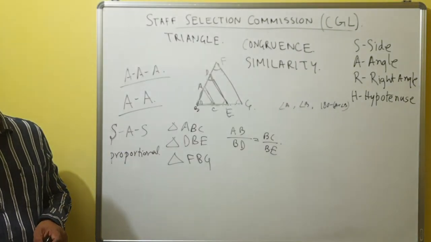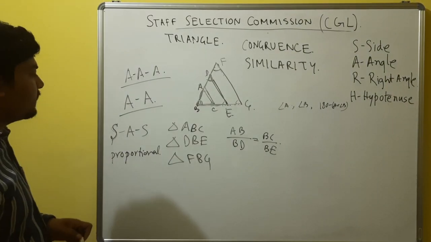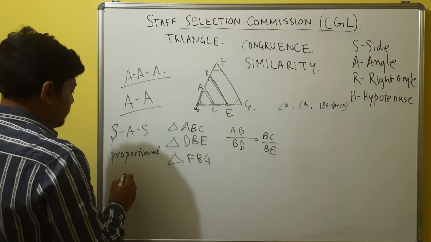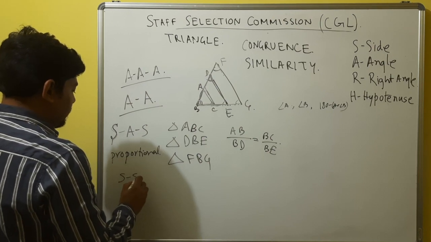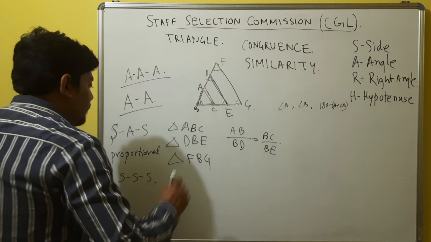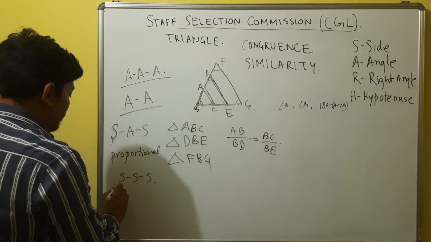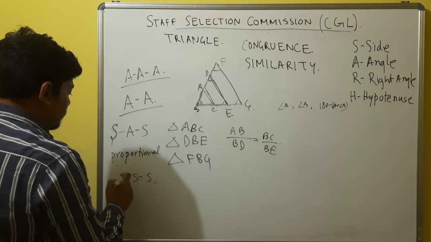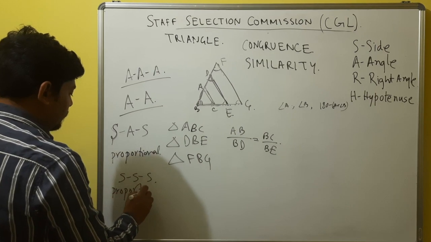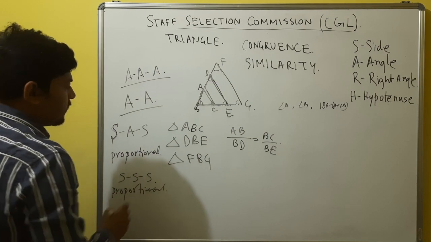What is the other thing? The other is side, S. But in this case, don't confuse it with the first one. There, their sides are equal. Here, sides are proportional. Altogether, sides are proportional.